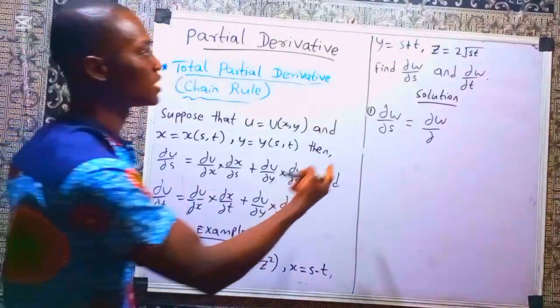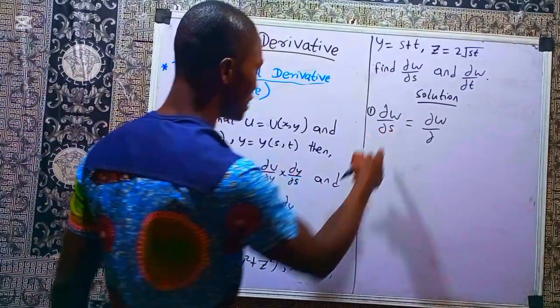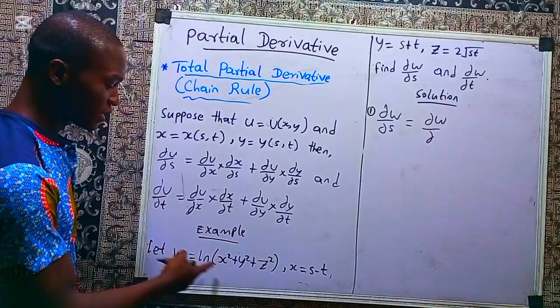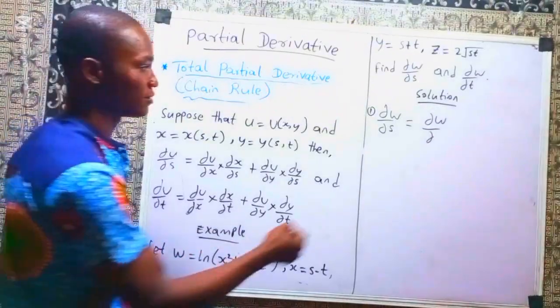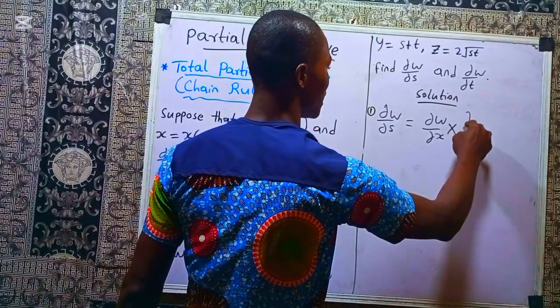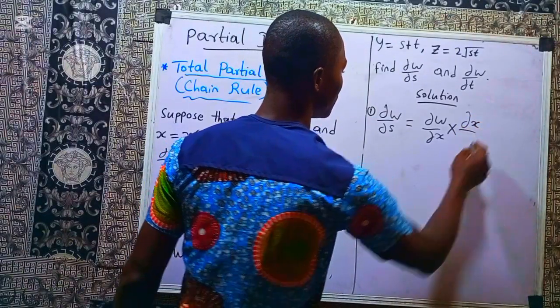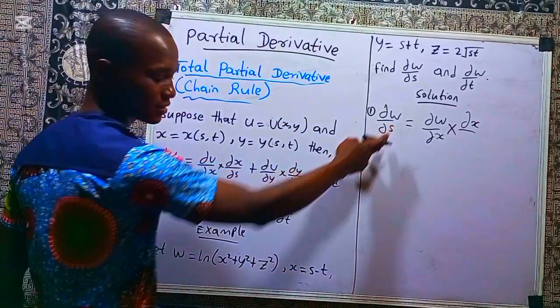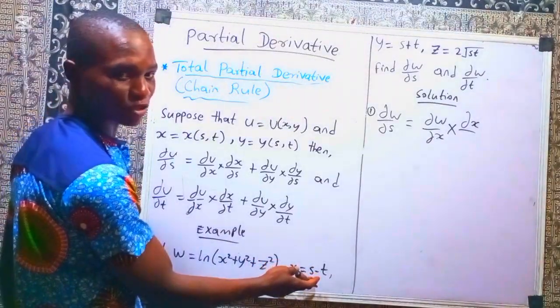So if I want to differentiate w with respect to s, I will first of all differentiate w with respect to x, multiplied by the derivative of x with respect to s, because x is a function of s too.